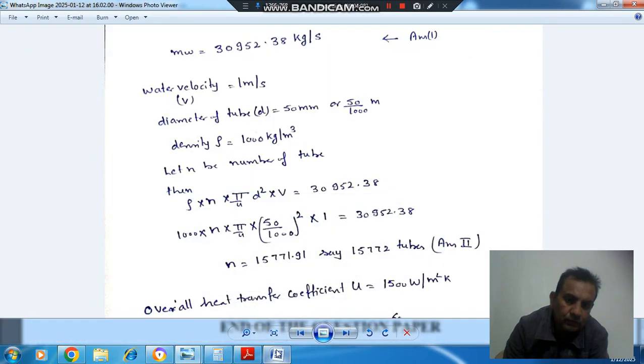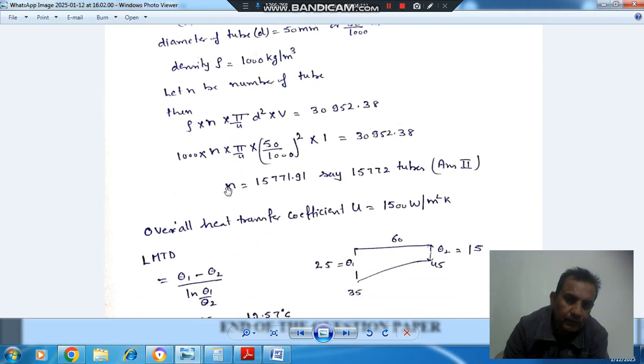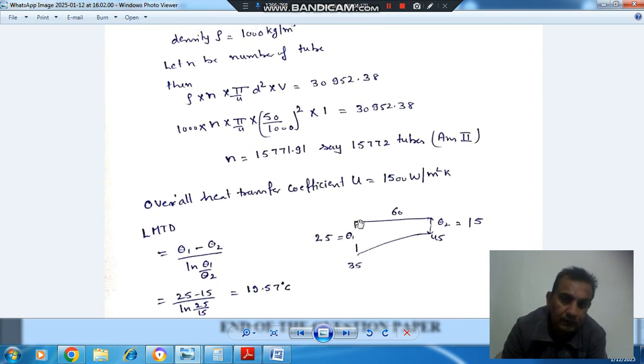Okay. So now it is given that the overall heat transfer coefficient is 1500 watt per meter square per degree Kelvin, and the temperature of saturated steam is 60 degrees Celsius, and inlet temperature of water is 35 and outlet is 45. From this we have theta 1, 60 minus 35, that is 25, and here theta 2, 60 minus 45, that is 15.